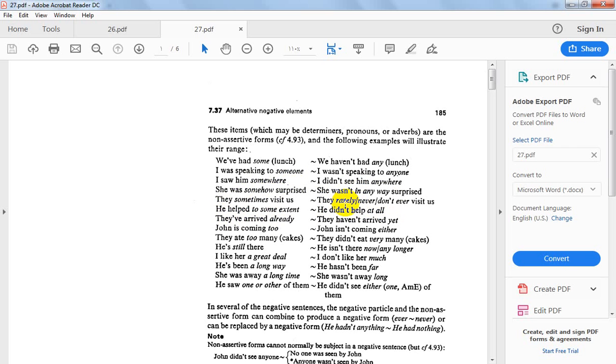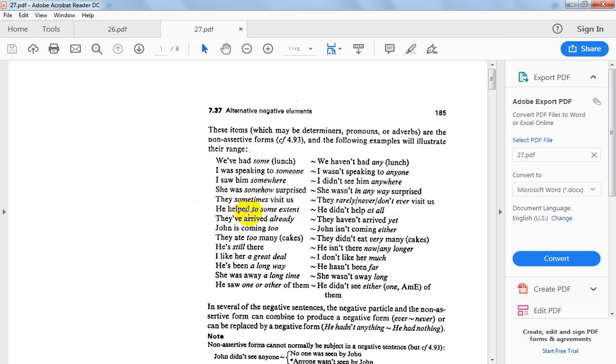They rarely, never, don't ever visit us. وين جبت ال don't because I do not have that clear operator. ما عندي لا is ولا are ولا am ولا has ولا have, so I'm in need for the do verb, saying they rarely do not visit us. Okay, يعني تقدر تخلي rarely, never, ever. طبعا rarely وال never تجي قبل ال do not وال ever تجي بعدها.